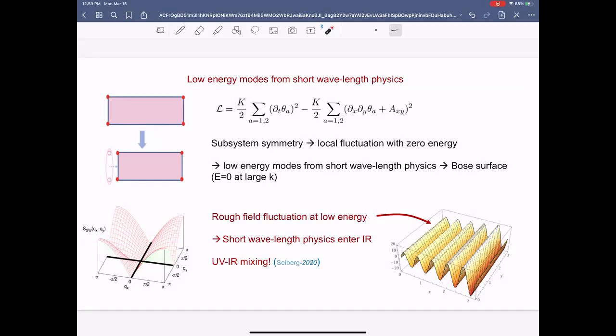The reason is that in the usual renormalization group picture, long wavelength physics survives as the low energy degree of freedom. So those rough configurations or higher order operators are less relevant and do not have too much mixing with the low energy degrees of freedom. But here, because short wavelength physics survives and contributes to the low energy behavior, those rough configurations or higher order operators actually have more resonance with the low energy part of the spectrum. And that is why they can be more relevant at the quantum critical point.